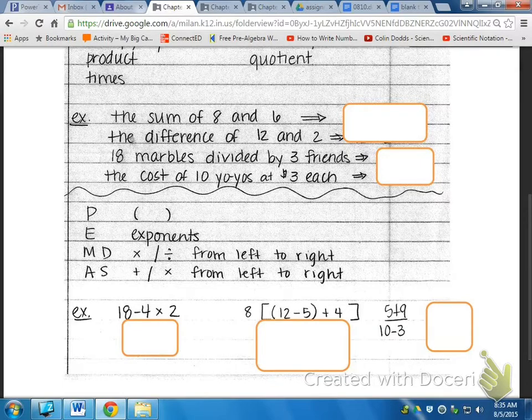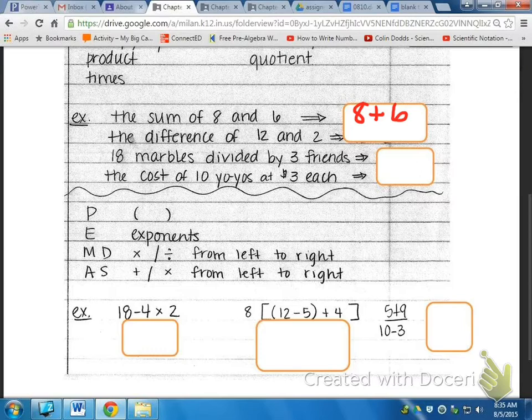Does somebody want to try the sum of 8 and 6? Trayton. Okay. We don't want the answer. We want you to write the problem using those words. The sum of 8 and 6. 8 plus 6. Yes, and that is all you write. 8 plus 6. Okay, at the end of class, tell me I owe you a ticket.